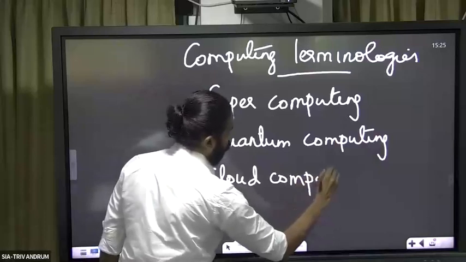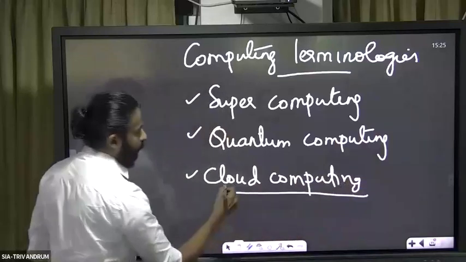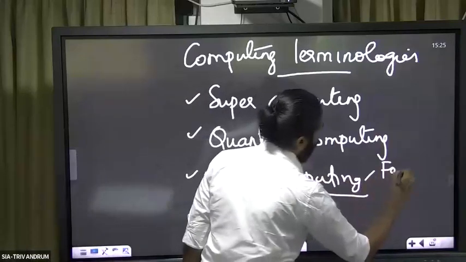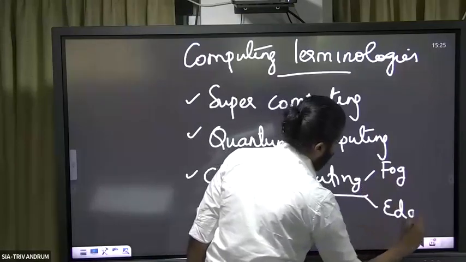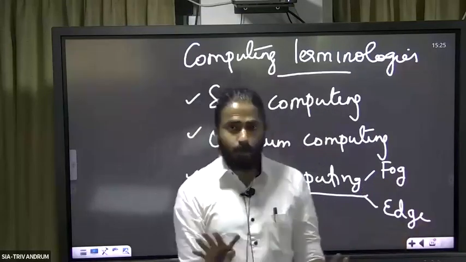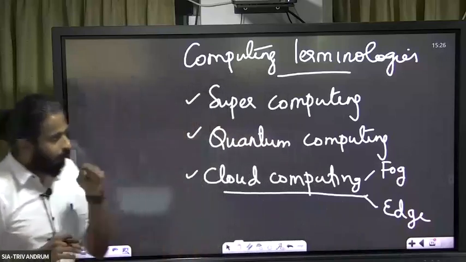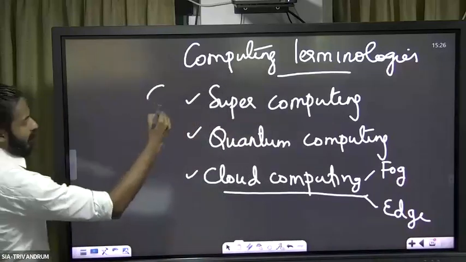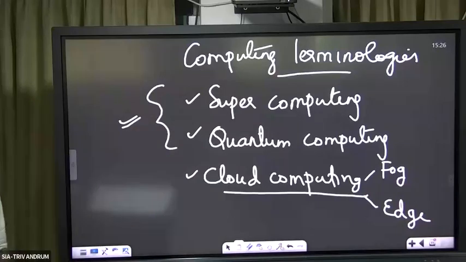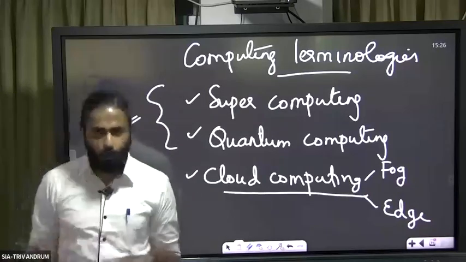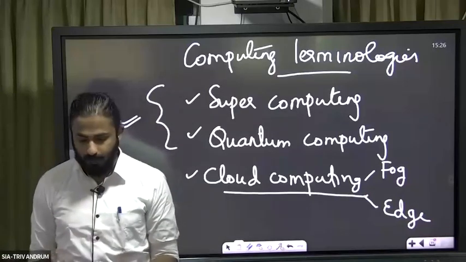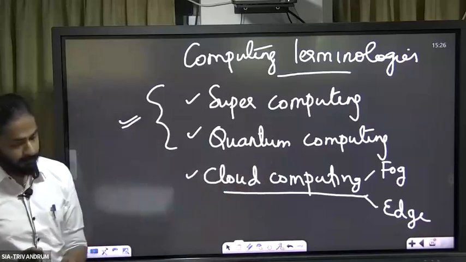At least these three you should be aware of. And in cloud computing, we have fog computing and edge computing. At least this many terminologies you should be aware of. Supercomputing and quantum computing, we'll discuss. Cloud computing, you should try to read by yourself. Edge and fog.